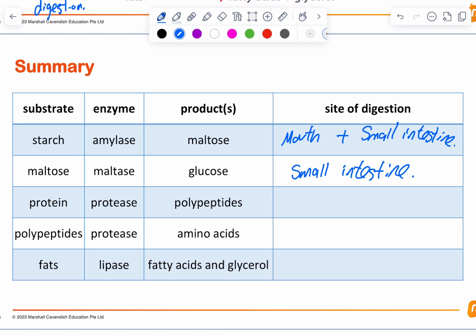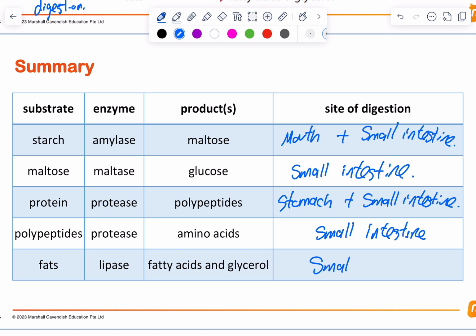For protein, again, there are many places of digestion. It can happen in the stomach and also in the small intestine. Polypeptides into amino acids can only happen in the small intestine. And for fats, we only have it in the small intestine.